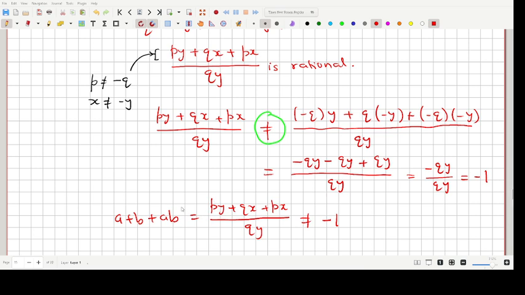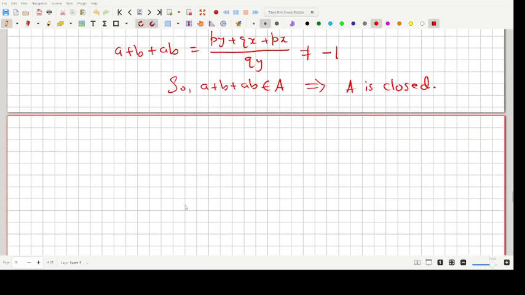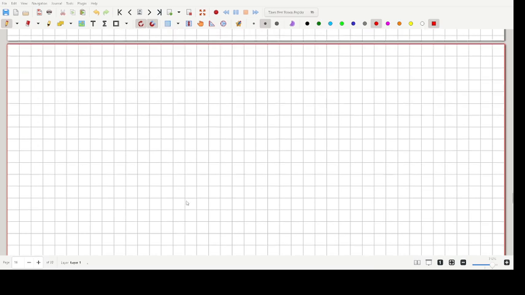And since a plus b plus ab is a rational number and not equal to -1, therefore we can say that a plus b plus ab belongs to A, and that shows that A is closed. Okay, I can understand that this might be a little overwhelming, but this is an amazing proof of what we have here. All right, now let's try to prove that this particular operation is associative.